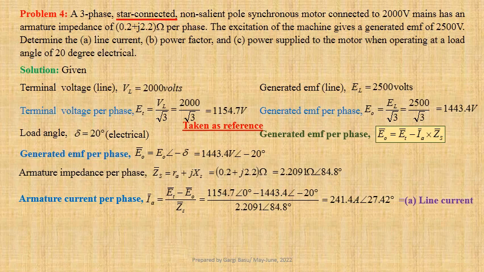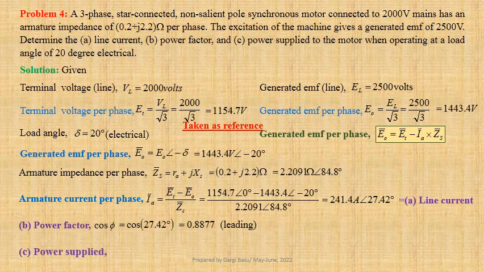Now we shall calculate operating power factor. Cos phi equals cos of 27.42 degree, that is equal to 0.8877 leading. Power supplied to the motor Pin equals √3 times VL into Ia cos phi.